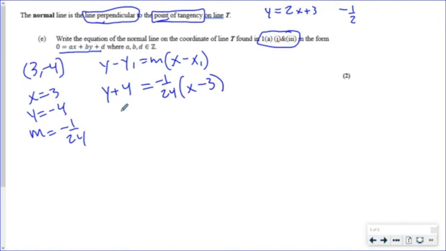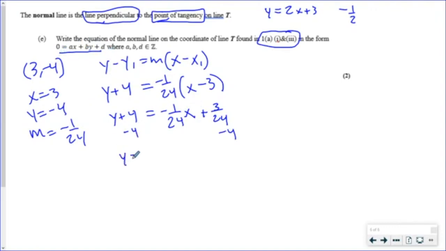I need it to look like this. So let's go ahead and distribute and do all that fun math stuff. So y plus 4 equals negative 1 over 24 x, and then negative 1 over 24 times negative 3 is plus 3 over 24. All right, the next step is minus 4 on each side. They want everything on one side and then a 0 on the other side.